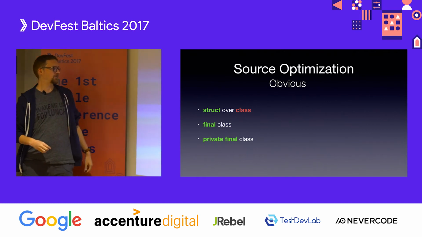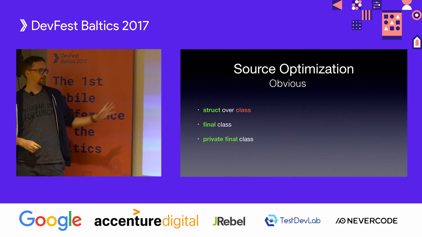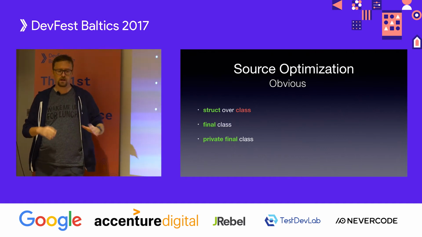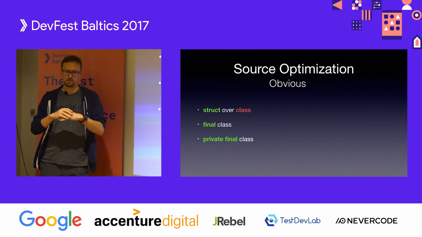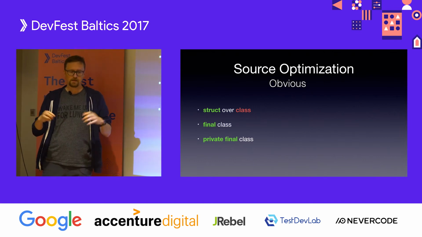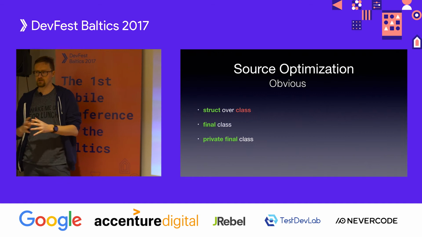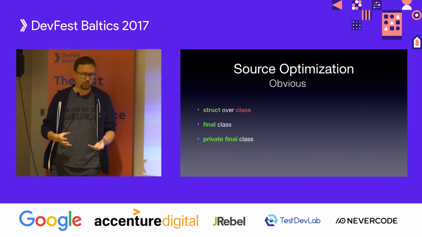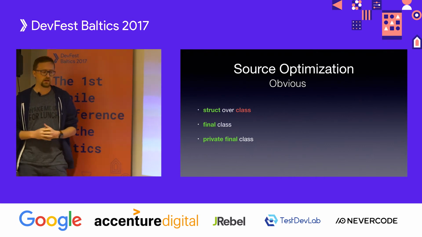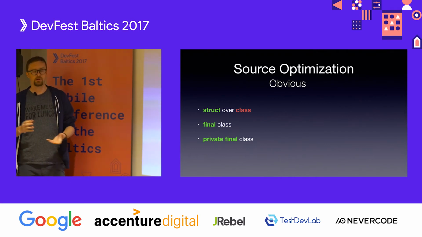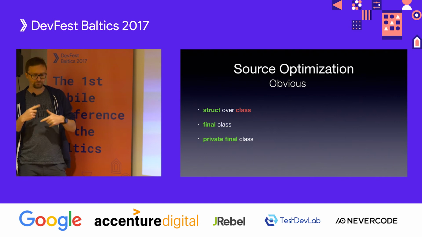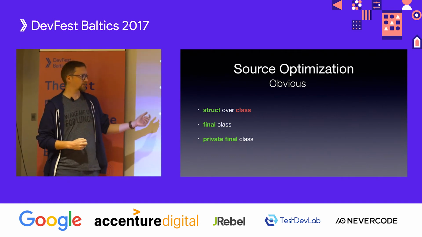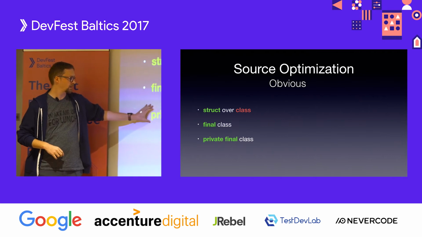Final class. The final attribute for a class means this is a class that has no subclasses in this module. It cannot be subclassed. Then the compiler can take that into account and apply additional optimization by not checking some conditions.